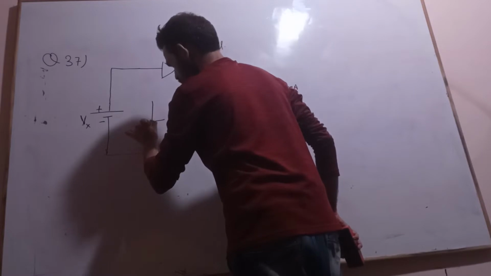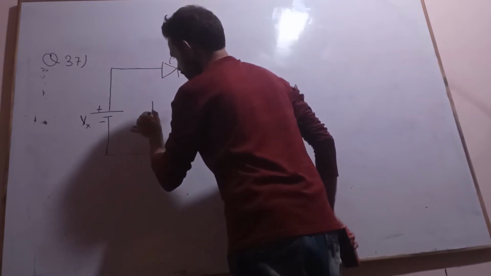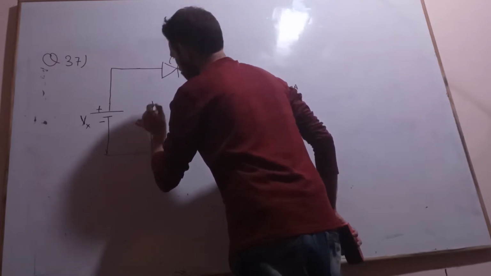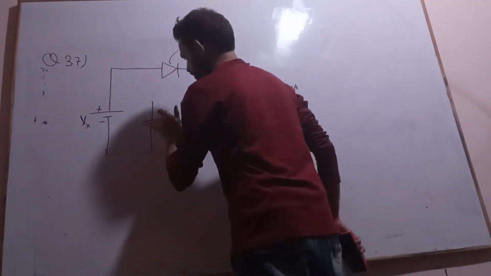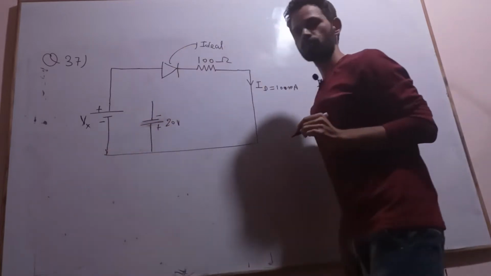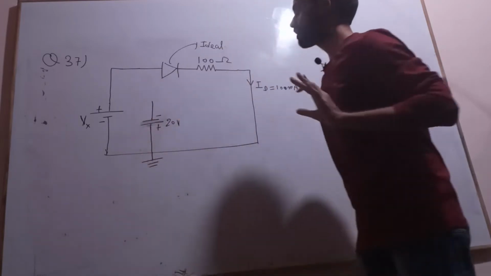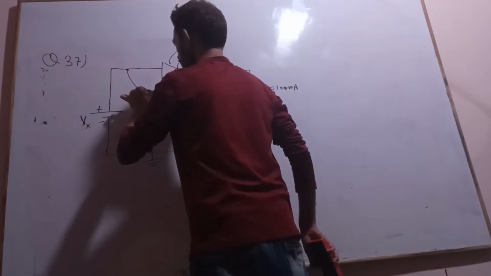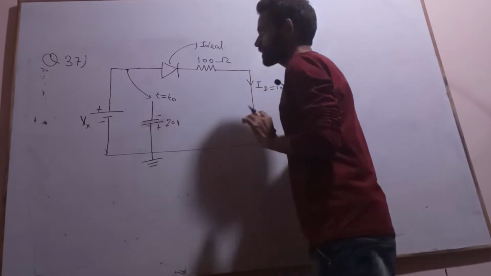Now it says that this diode is suddenly reverse biased through a battery of 20 volt. The given ideal diode is suddenly reverse biased through this 20 volt battery at time t equal to t naught.